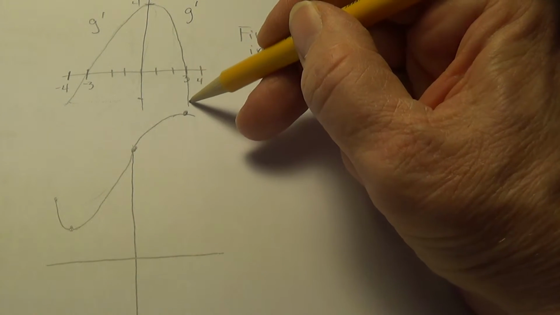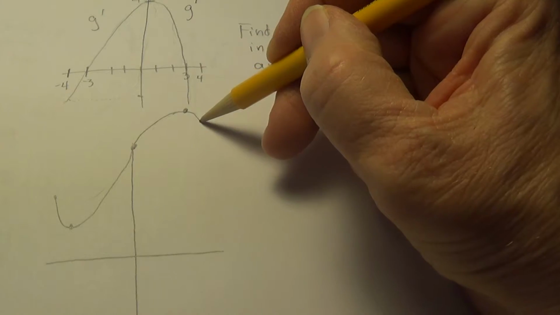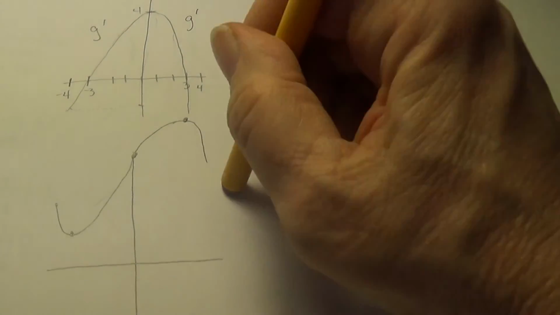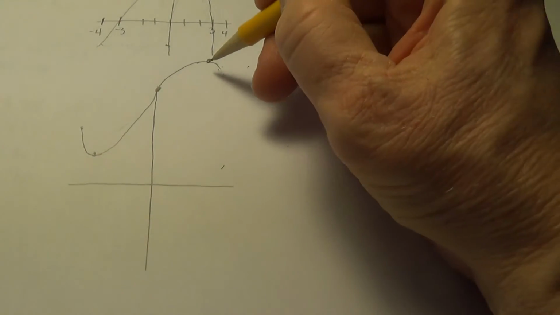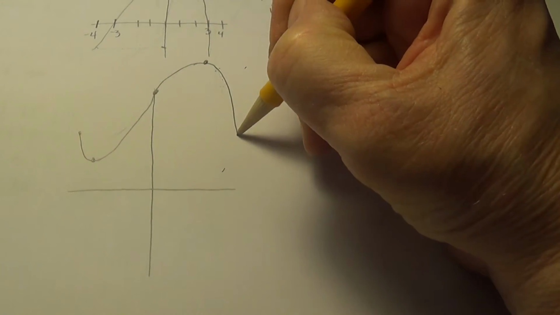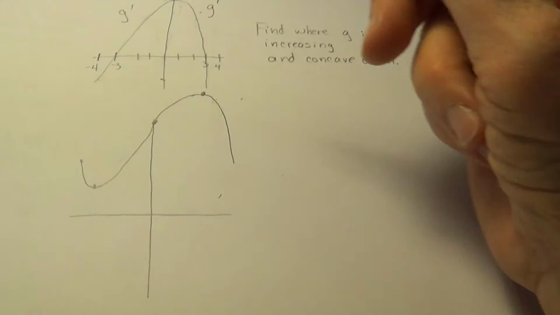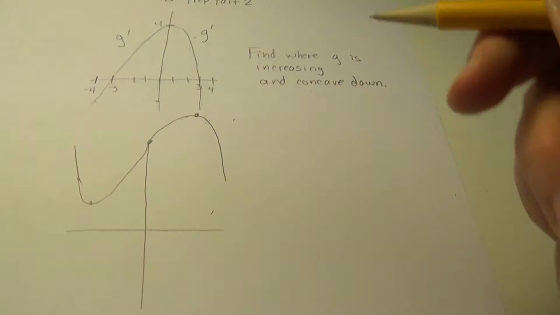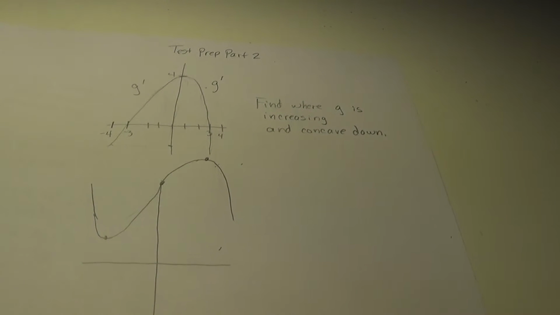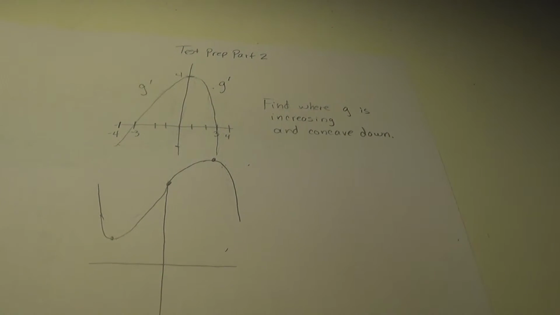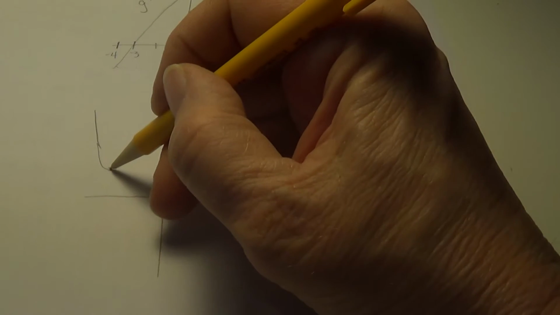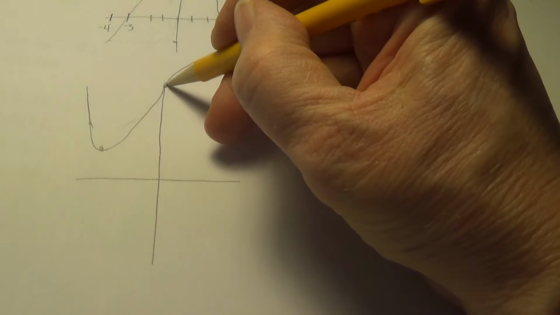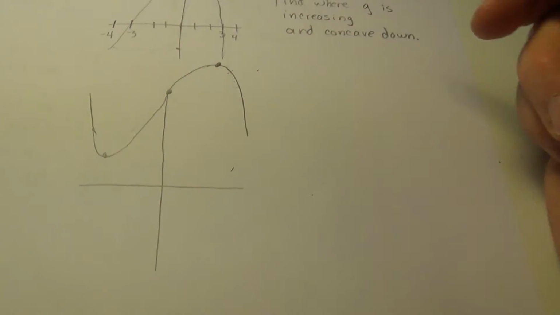Then it becomes negative, so I have to turn around and have a negative slope from there on. Hopefully your graph looks something like this. We have a function that has a local minimum here, an inflection here, and a local max here.